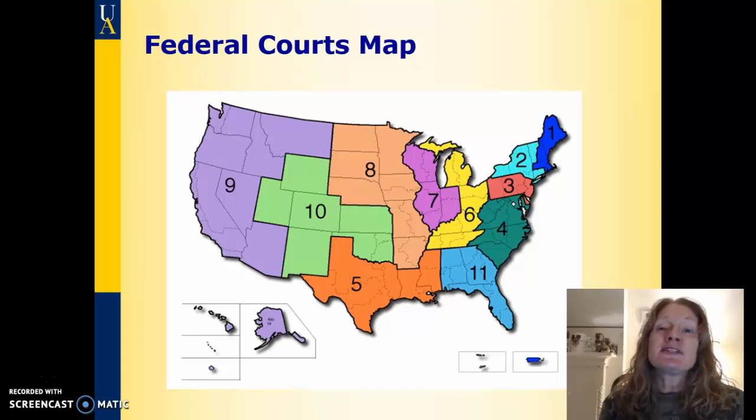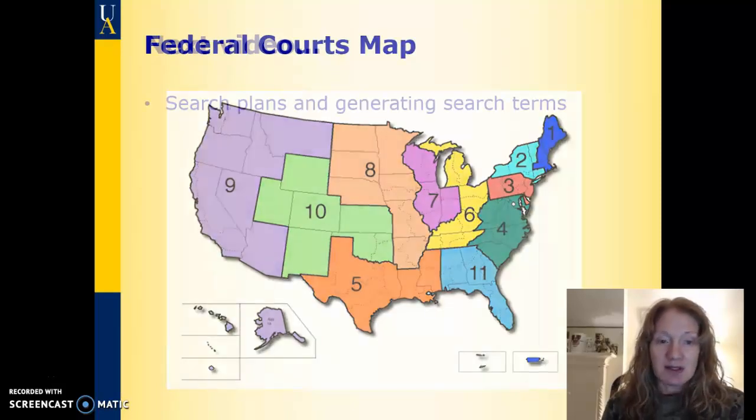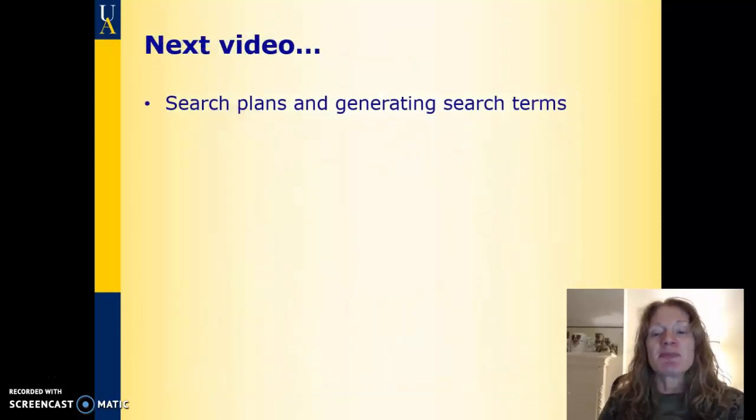However, if you have a 6th Circuit case, that is binding on all your district courts in Michigan, Ohio, Tennessee, and Kentucky. And if you have a United States Supreme Court decision, that's binding on all these circuits and all these districts across the country. So hopefully that made a little bit more sense. In the next video, we are going to talk about search plans and generating search terms.